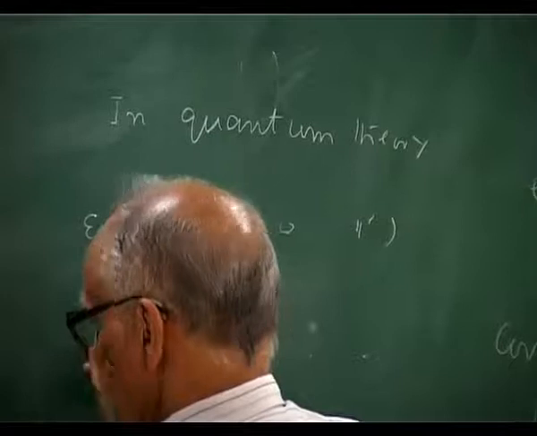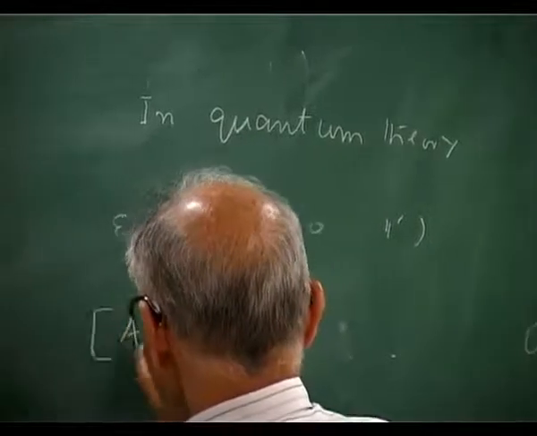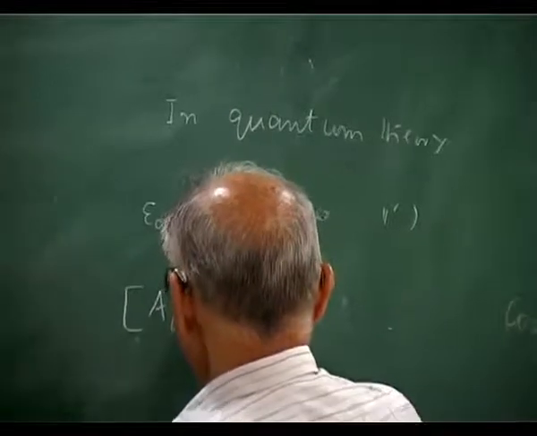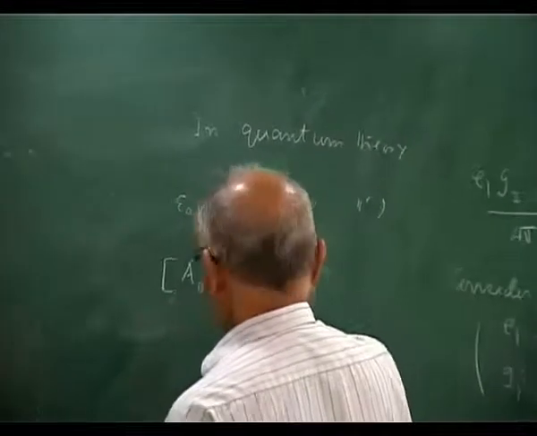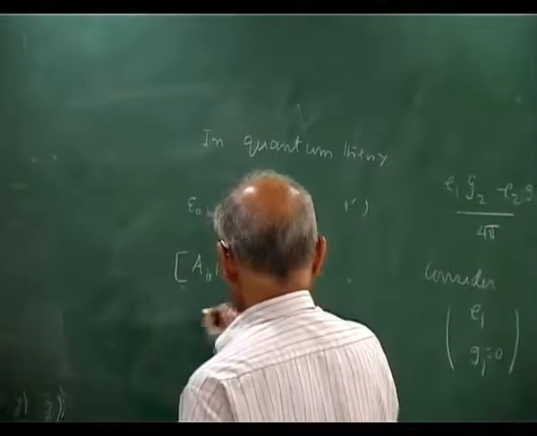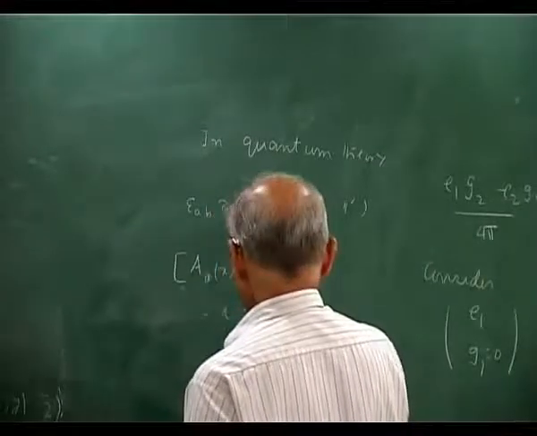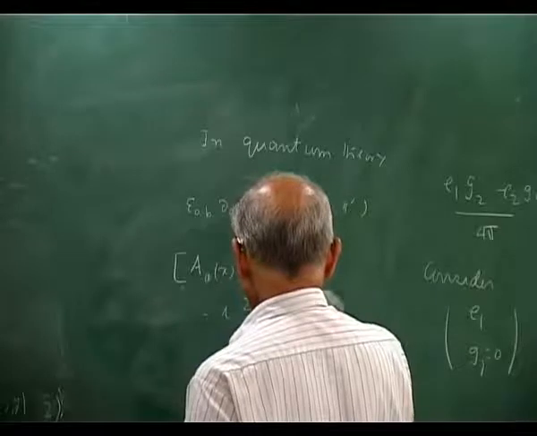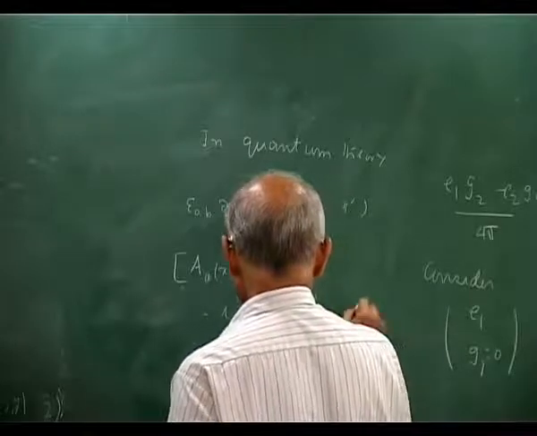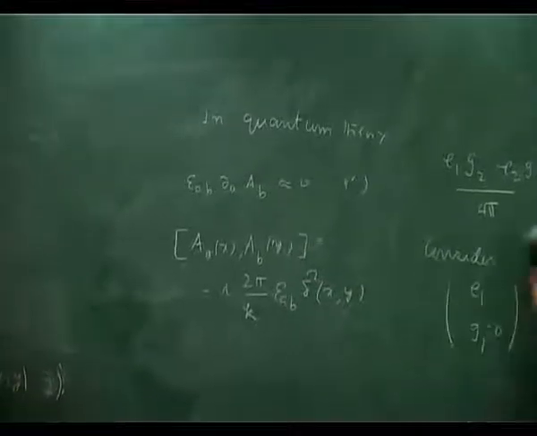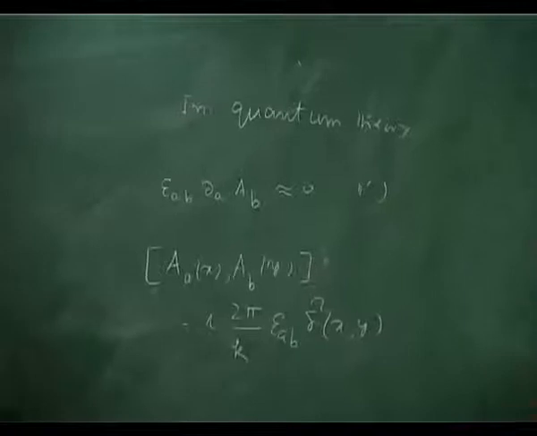Then I am going to get this commutator: AA of x, AB of y is going to be i 2 pi over k epsilon AB delta 2 of xy. Now 1 prime, and this is 2 prime.